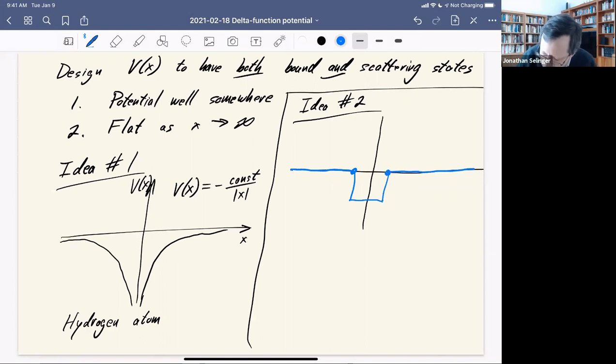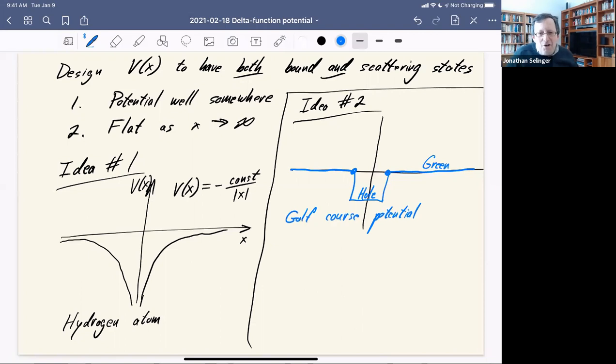This is something that I call the golf course potential in honor of President Trump, because it has the putting green over here that's flat, and then there's a little hole for the golf ball.